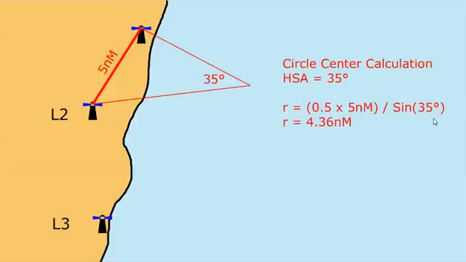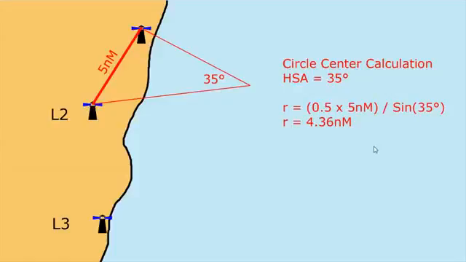So you put that into your calculator, 0.5 times 5 divided by sine of 35, you come up with an answer of 4.36 nautical miles. Now what that tells you is that is the radius of the circle that will cause this angle to exist.